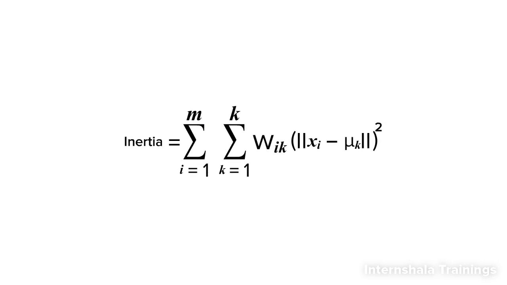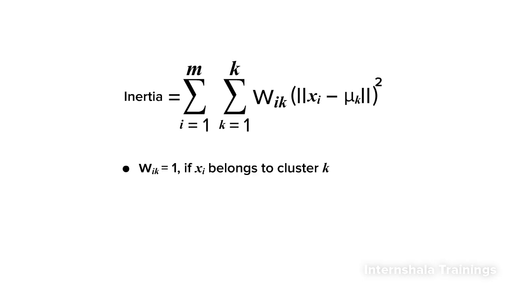Now let's look at the formula for calculating inertia. Inertia is calculated for each cluster using this formula. So we take the sum of distances of the points from the centroids of their respective clusters. Here, Wik is a variable which will be equal to 1 if the point xi belongs to cluster k.